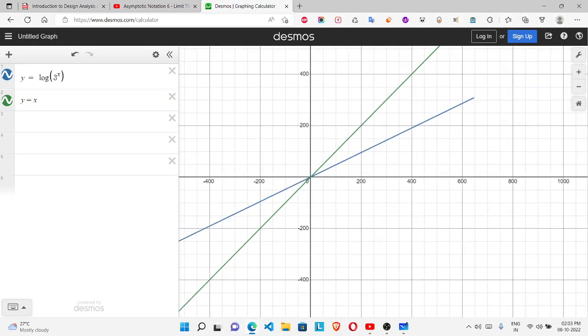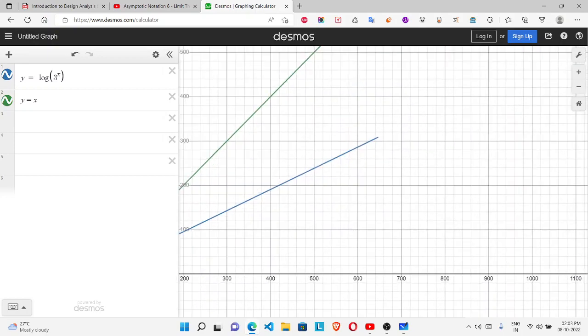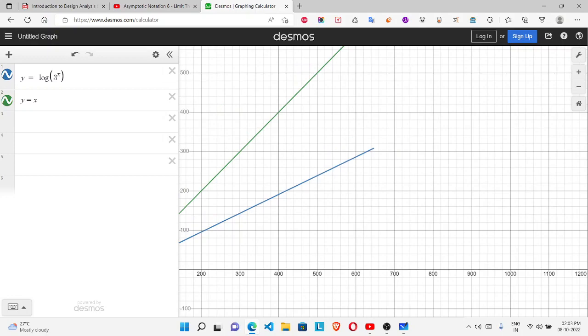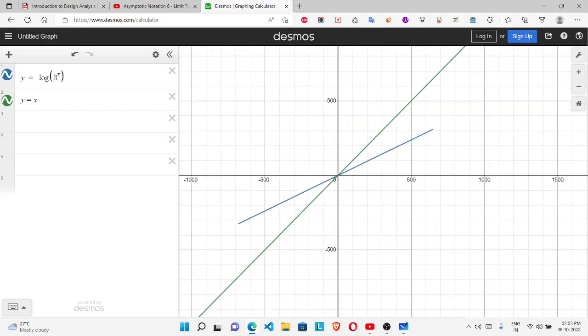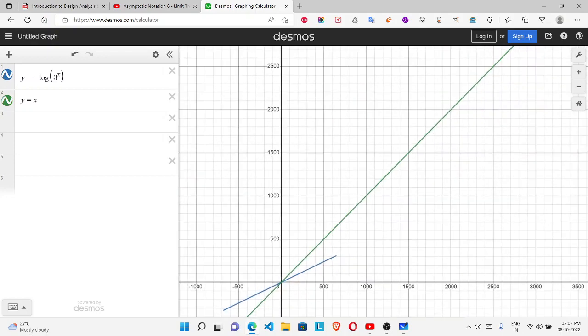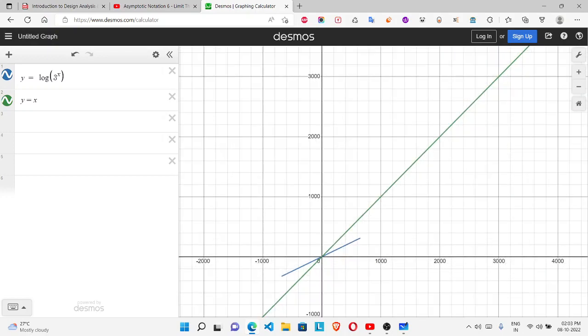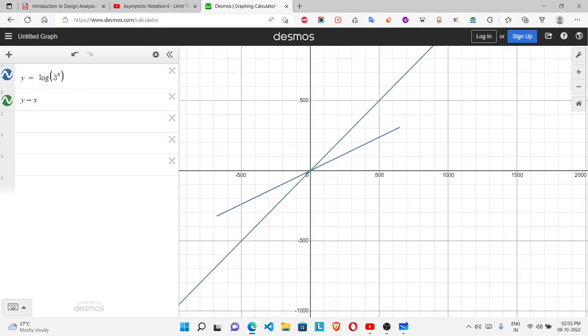Okay, maybe 3 raised to x becomes a very large number after. Oh, it's actually going till 650. That's incredible. Because 3 raised to 650, you guys have no idea how large a number that will be. It will have millions of digits, to say the least. It's incredible that Desmos is doing the calculation.